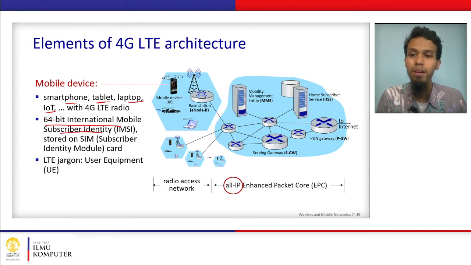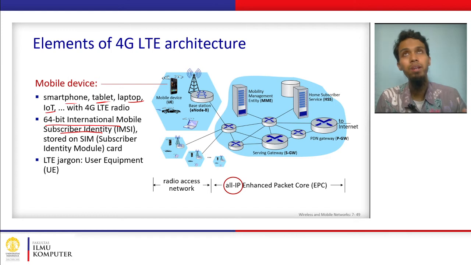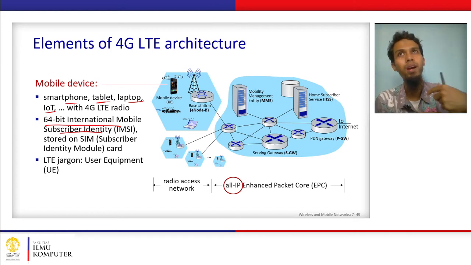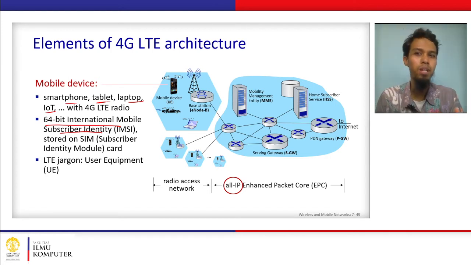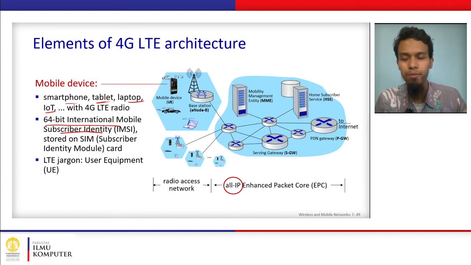This is also stored in a SIM card. That's why when one device has double SIMs, it also has double IMSI. Now, the term used in 4G is user equipment, or UE.